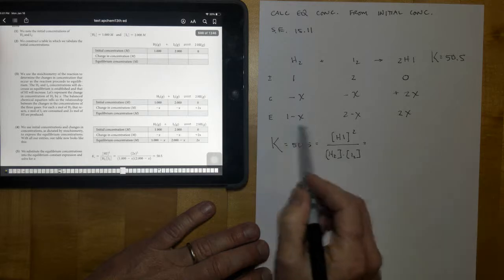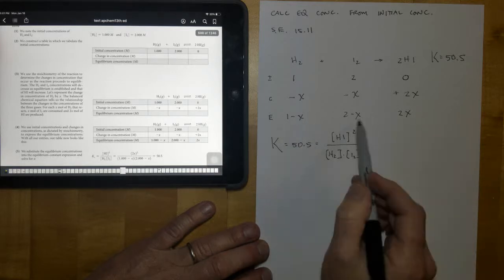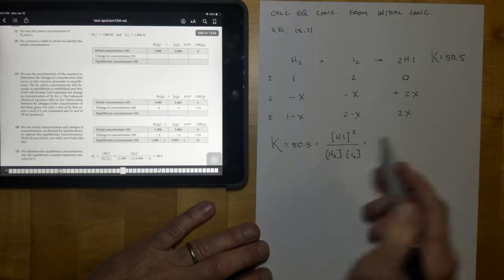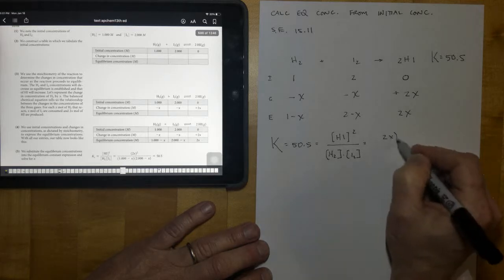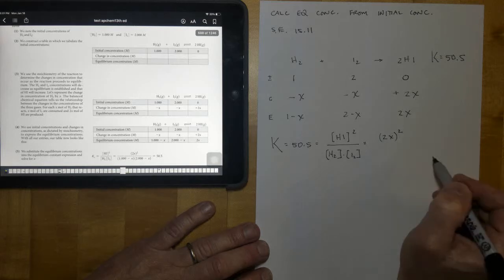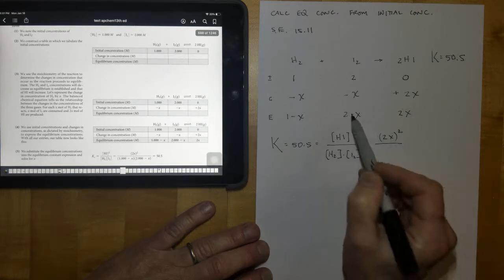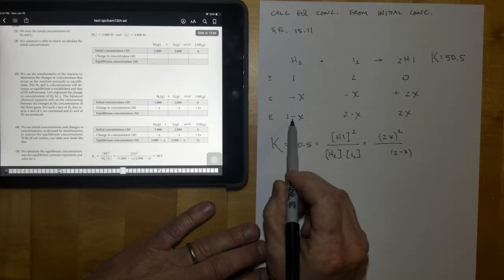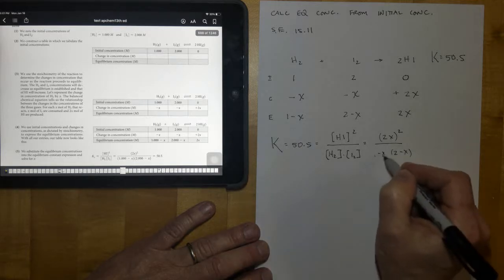And then we can take these variables, or these small equations, is what they are, and put them in for each place. So HI would end up being 2X, don't forget the whole thing is squared, and then I2 would be 2 minus X, and H2 would be 1 minus X.